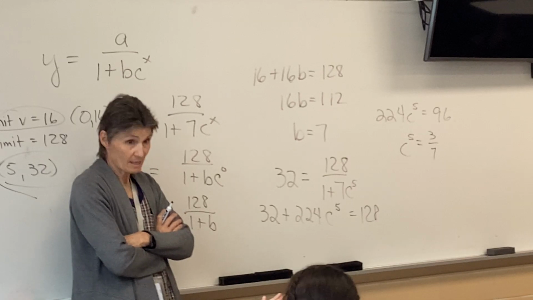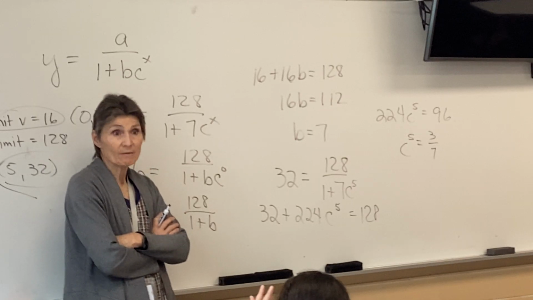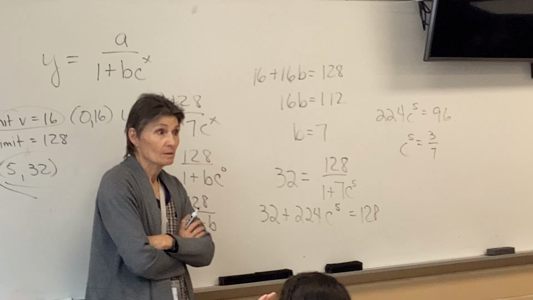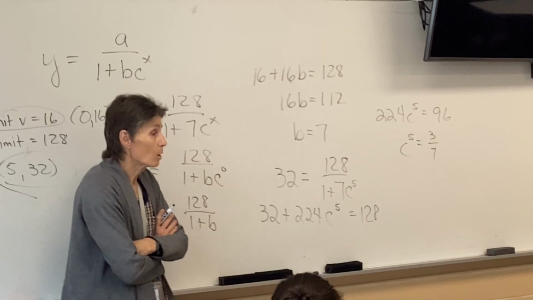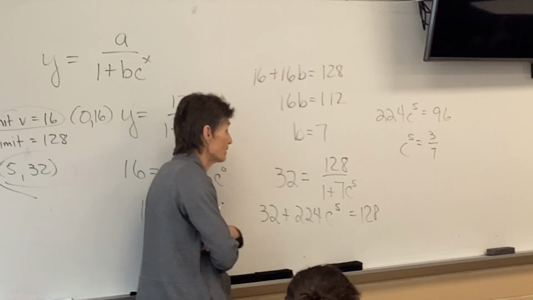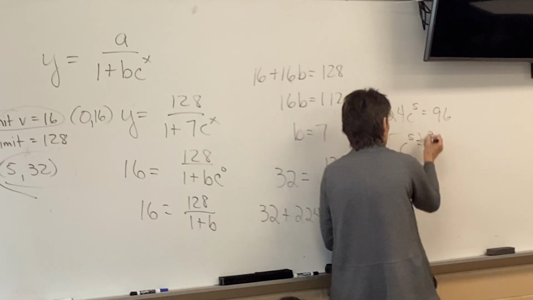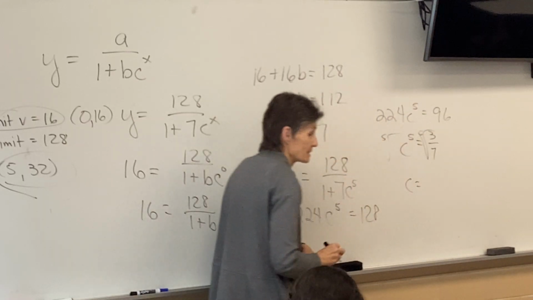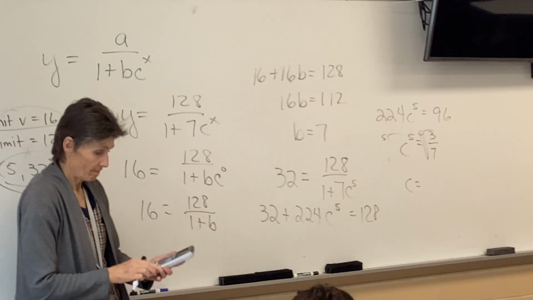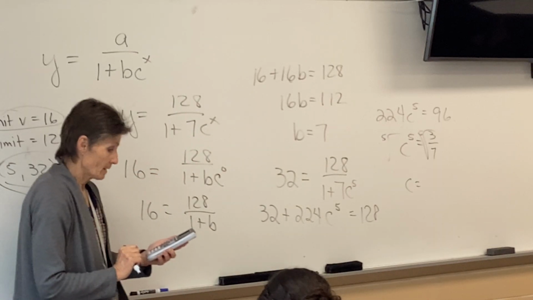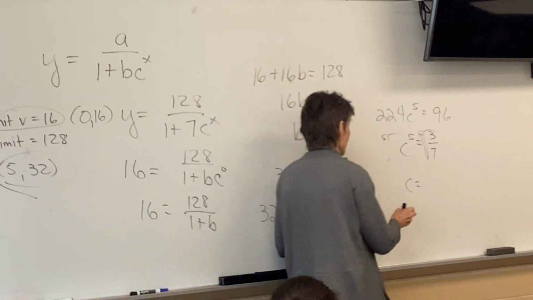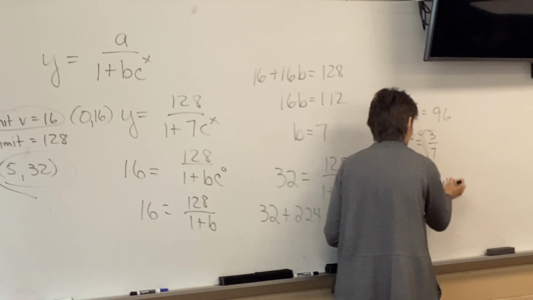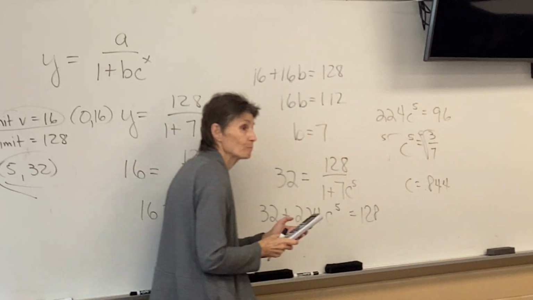We need C. So what are we going to have to do? Fifth root it, or raise it to the 1/5 power, whatever flips your switch. And that's going to give us C. I got 0.844. Did you?